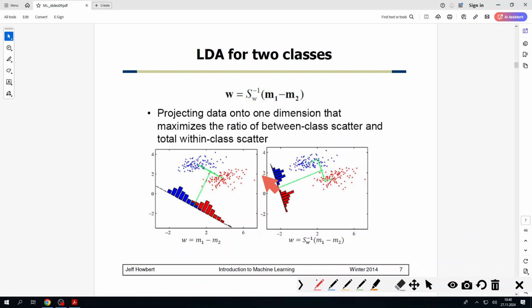So not necessarily do we want a good line that separates them, we want a good line such that projecting onto it gives good separation. As you can see, for this line, our projections, colored in red and blue, as distributions overlap, whereas for this line, the projections, which are orthogonal to this line, are much better distinguished.